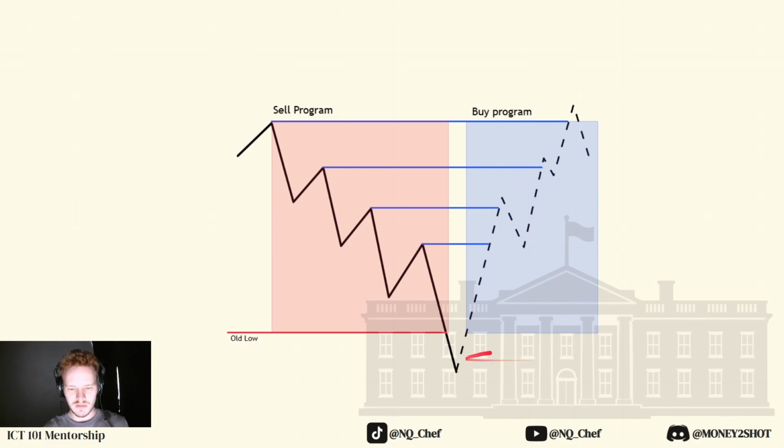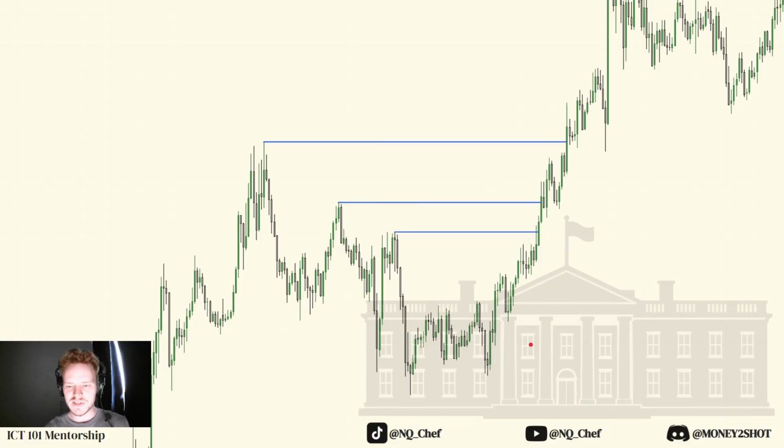Stop loss below here. And this is an example here where we have resting highs here and liquidity above this whole area. And after price runs down, takes out this low, you can kind of see it's a little bit smaller. Goes to tap into a fair value gap here. And what does price do?